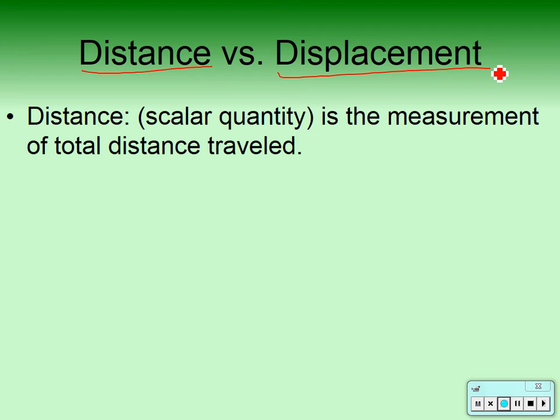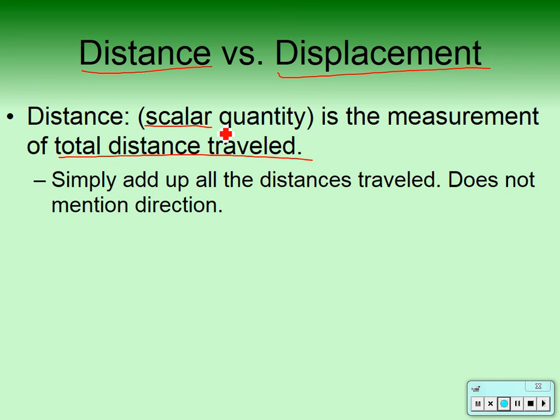It doesn't tell us direction. It just tells us how much distance we have traveled. What is your total distance traveled? So remember, distance is a scalar, just concerned about a number there. So, how do you find distance? You simply add up all the distances traveled, does not mention direction.